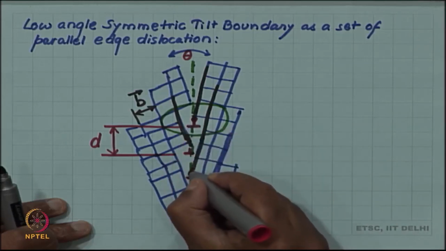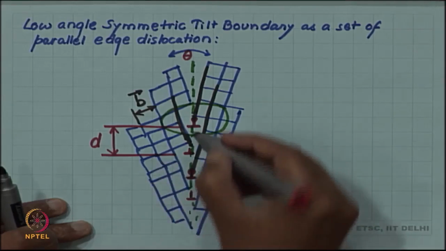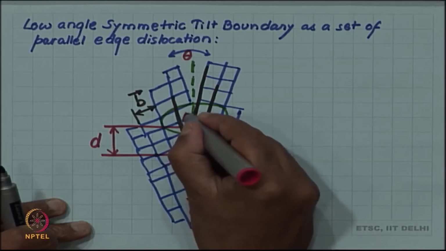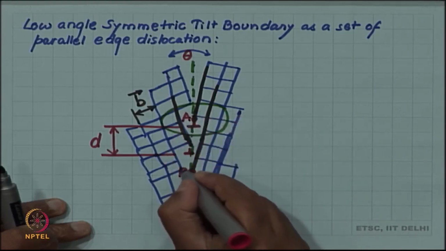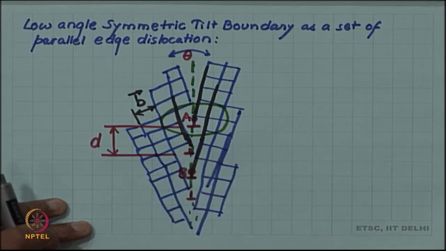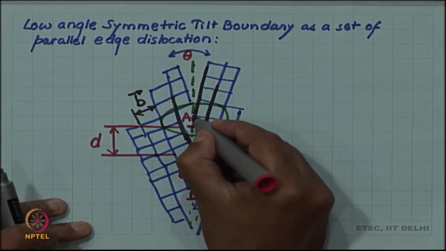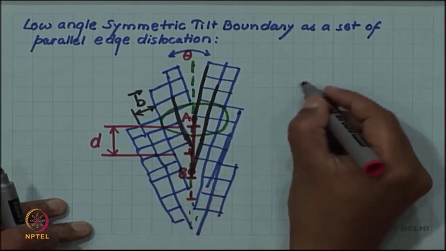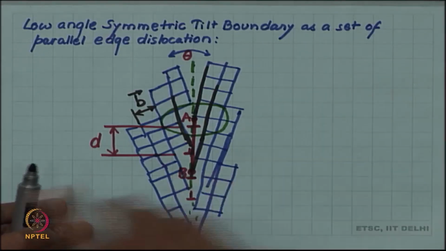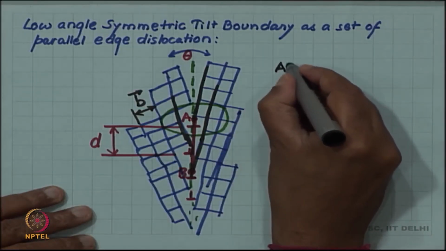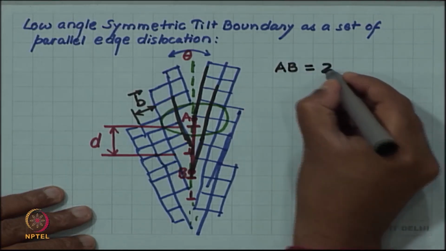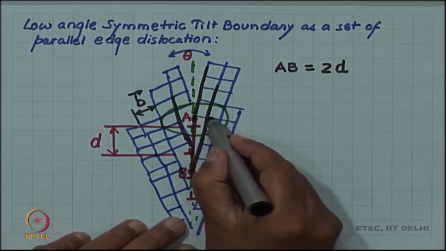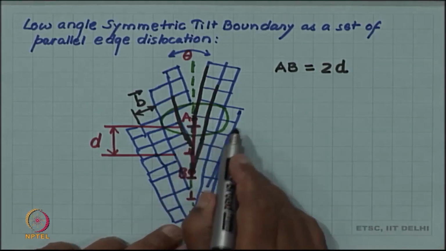The next dislocation which I will select is this, and I will form a triangle. Let me call this dislocation A, and let me call this dislocation B. I have jumped and left one dislocation here and joined this. So, this distance AB will be 2D, two times the dislocation spacing, because I am looking at alternate dislocations, because I want to keep myself on the same side of a given crystal.